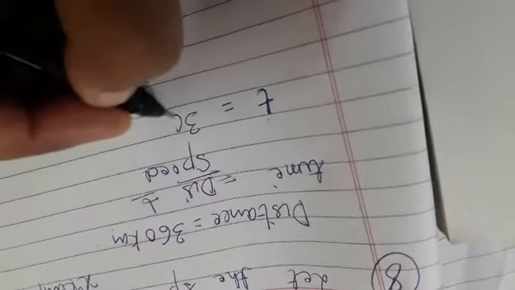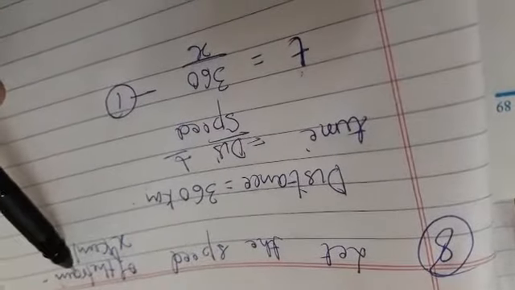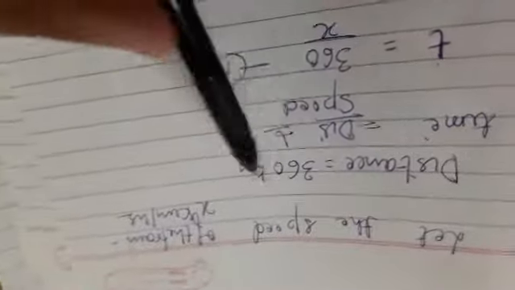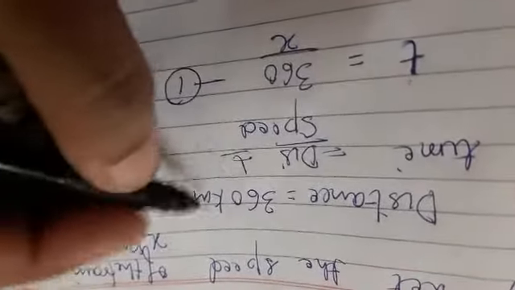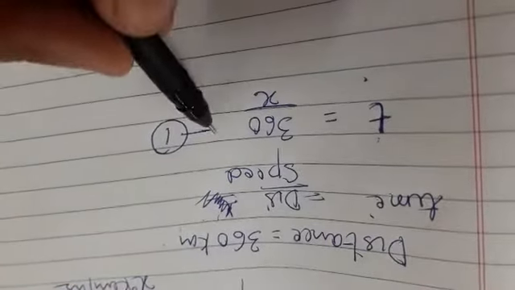Distance is 360 and speed is x, and therefore this is the first equation. I repeat, we assume the uniform speed be x km per hour. Distance which has to be travelled is equal to 360 km. Time is given by the formula distance upon speed, and therefore time is equal to 360 upon x.